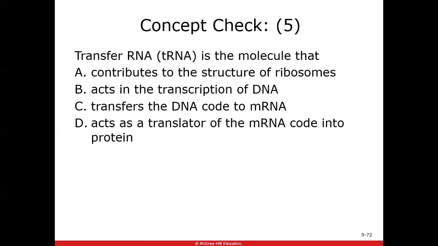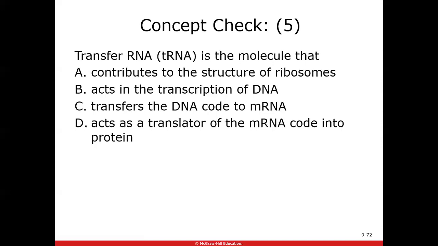So, concept check. The transfer RNA is the molecule that does what? Does it contribute to the structure of the ribosomes? No, that's false. Does it act in the transcription of DNA? Well, transcription is from the DNA to messenger RNA.